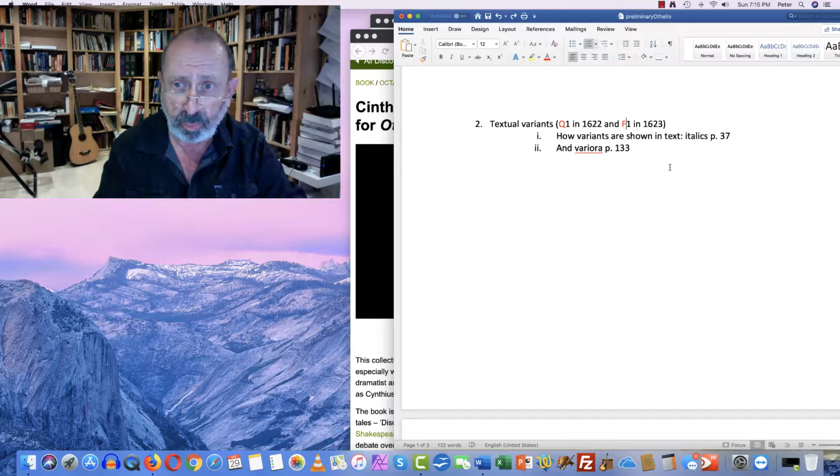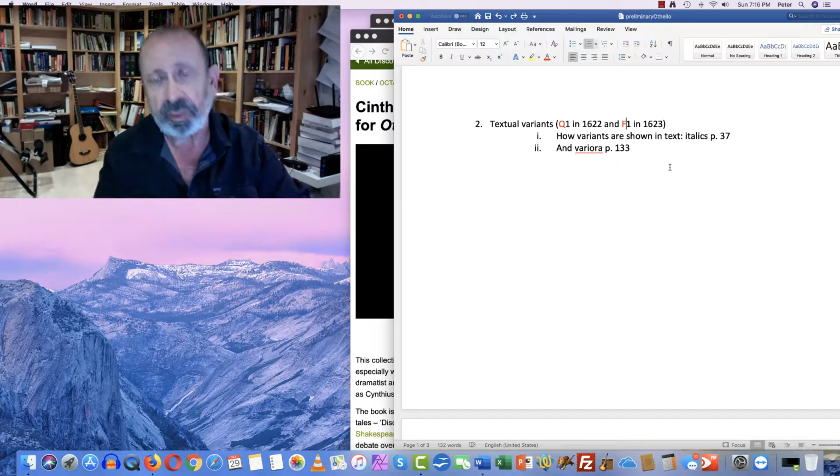But Q1 and F1 are fundamentally different in some very significant ways, and I'm going to show you this. And basically, any text whose editor does not show you the differences between these two editions is doing you a great disservice. And it's very important because most people think that when they go to the bookstore to buy a copy of a Shakespearean play, well, Hamlet is Hamlet and Lear is Lear. Absolutely not.